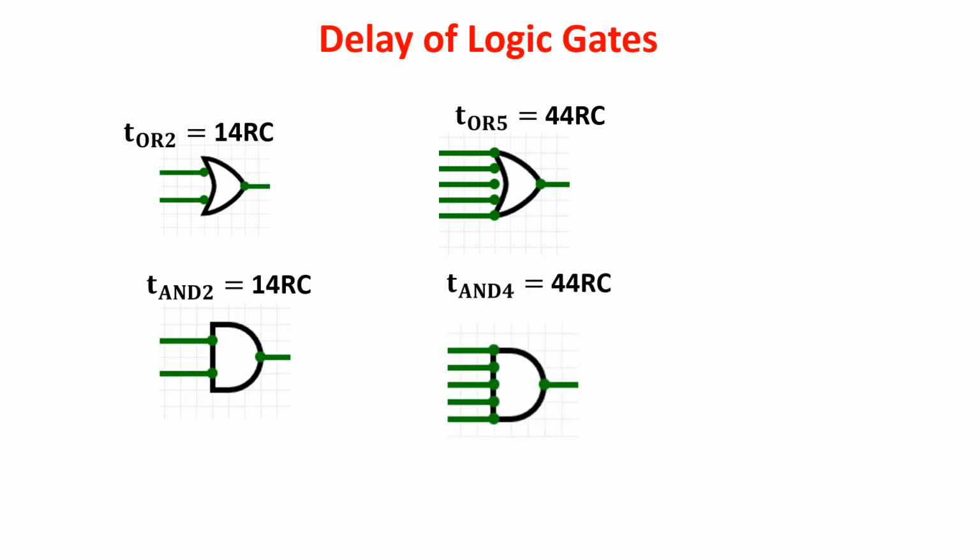But we need to know the delay of another gate, the XOR gate. The XOR is much more complicated than the AND and the OR gates and we simply call its time T-XOR. This time is longer than that of an AND or that of an OR gate but cannot be avoided, not even with the Manchester carry chain we'll see in the next video.